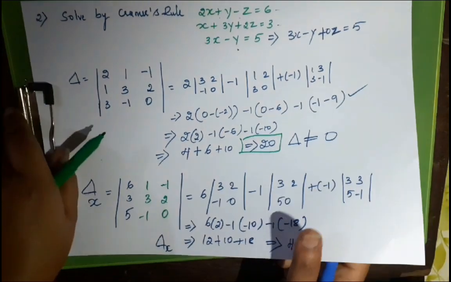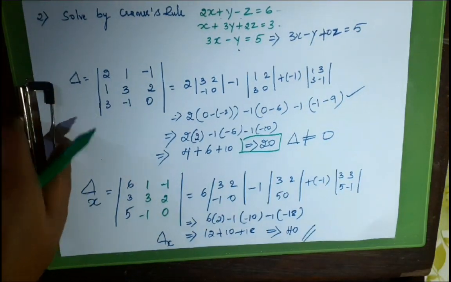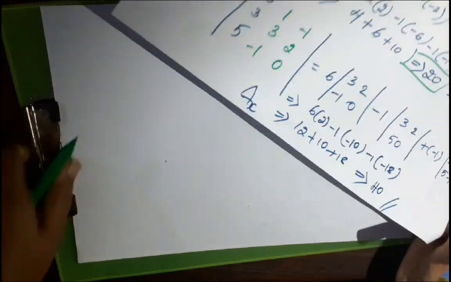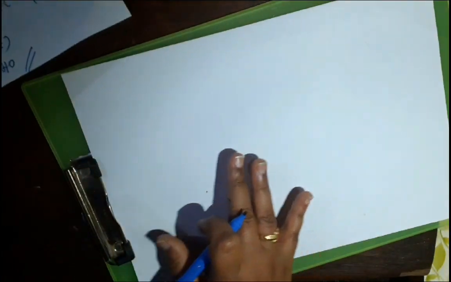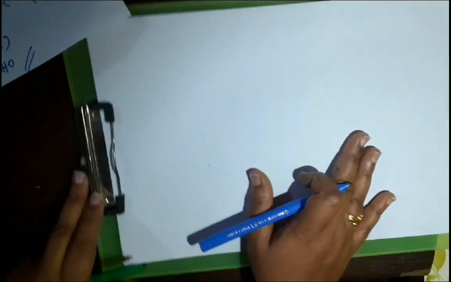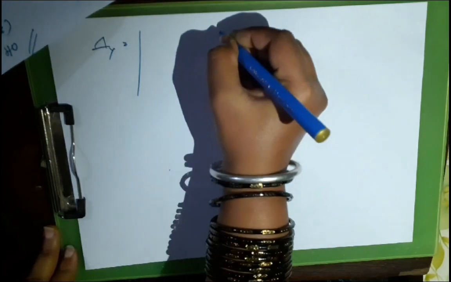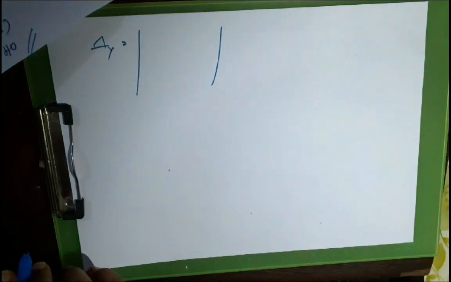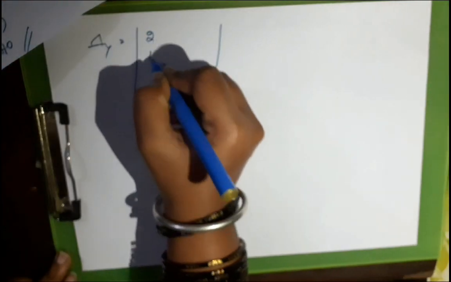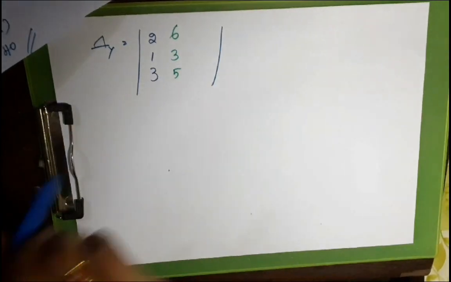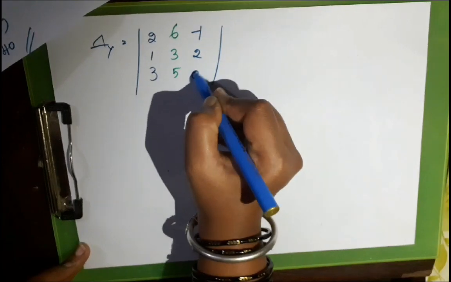We'll take up the next one, that is finding delta y. So delta y is equal to, the second column we are replacing. So 2, 1, 3, 6, 3, 5, minus 1, 2, 0.